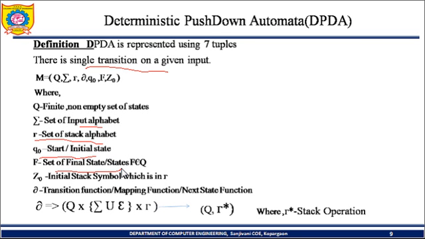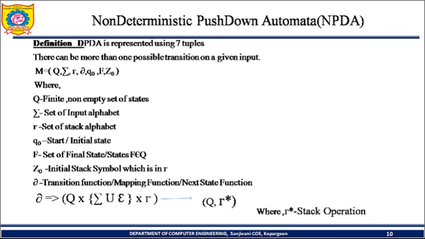There may be the case that we have more than one final state. Z0 is the initial or start symbol of the stack, and delta is the transition function. Here you can see current state into current input alphabet. If we don't have the current input alphabet, then we consider epsilon as the current input alphabet. By considering the topmost symbol of the stack, we go to the next state, and there is only one state as output, with a stack operation: push, pop or no operation.